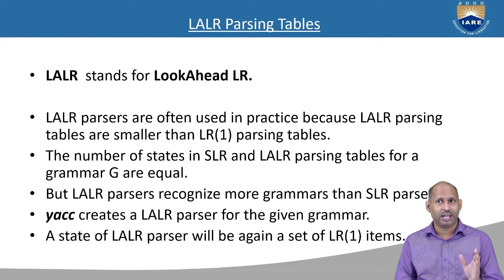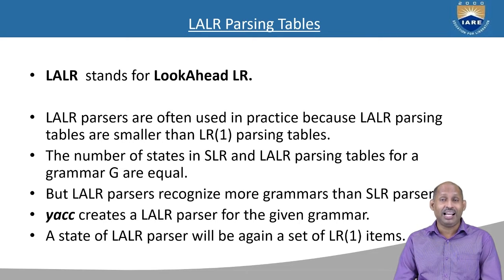Group 1 and group 10 have the same productions, but the lookahead symbols are different. Then LALR says to combine group 1 and group 10, taking the union of the lookahead symbols. This results in a smaller number of states in the LALR, right?